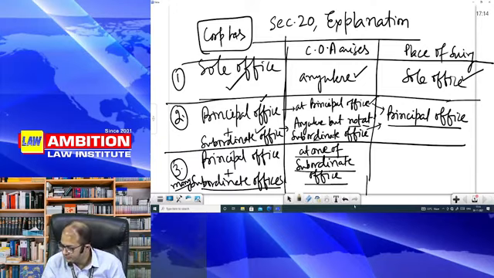Where a corporation has a principal office and many subordinate offices, and the cause of action arises at one of the subordinate offices.